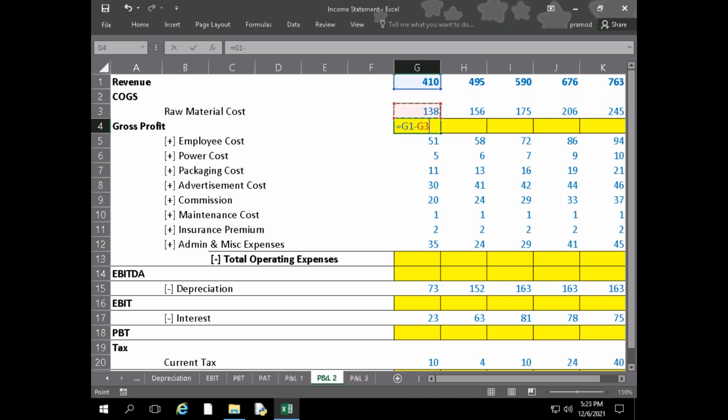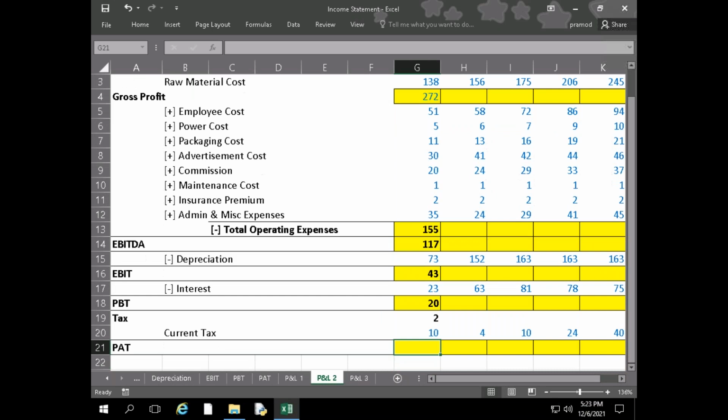This minus raw materials. This is the sum of all the expenses. Here, this minus this. Here, this minus this. Here as well, this minus this. So 8 rupees is a loss.